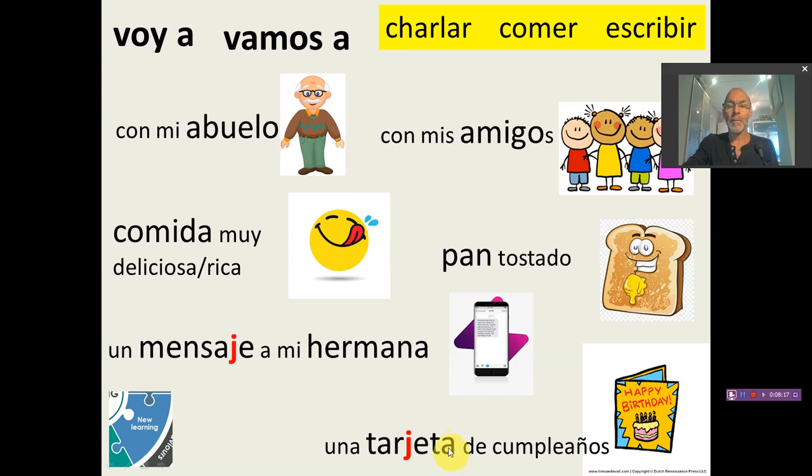Of course it is, because it's got an A ending. So the endings were a, ion, and dad for feminine things. It's got an A on the end, it's feminine. And again, this word gives us the clue as well, because here we've got the feminine word for a. A card is una tarjeta, not un tarjeta. Una tarjeta de cumpleaños, of birthday.